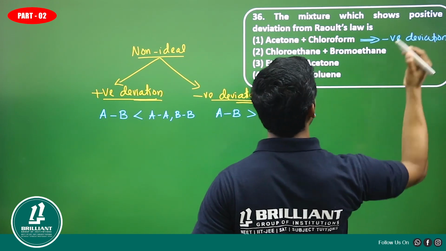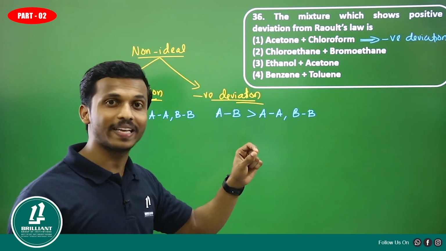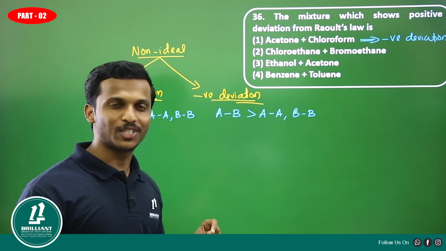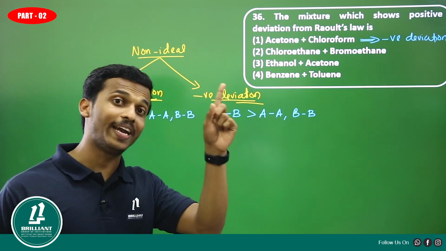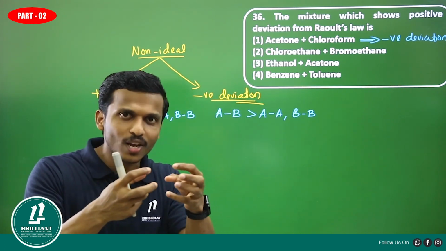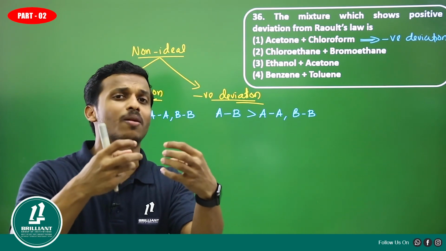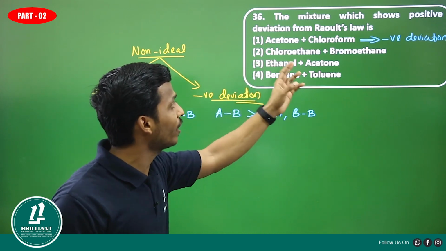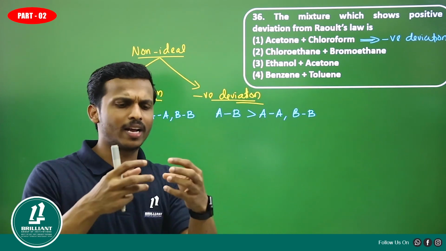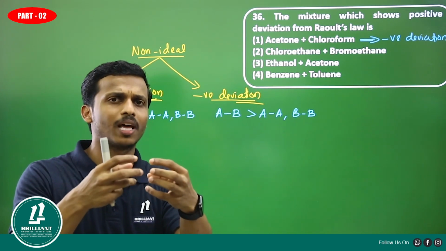What about chloroethane and bromoethane? See student, what is the condition to form an ideal solution? The combining compounds should have almost similar molecular mass. Chloroethane and bromoethane have comparatively similar molecular mass.